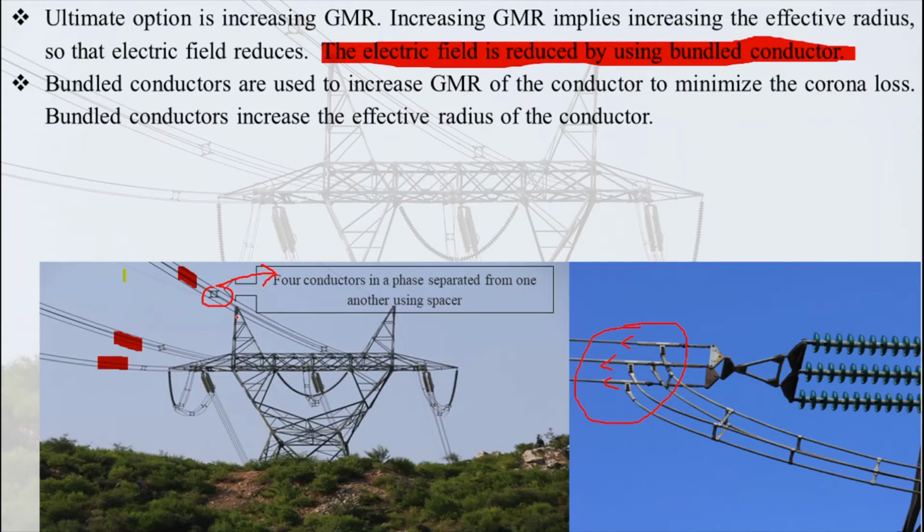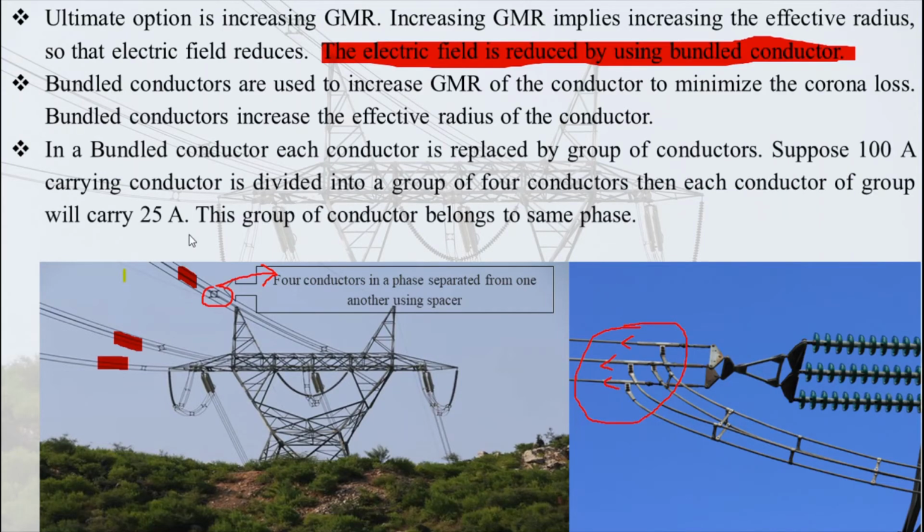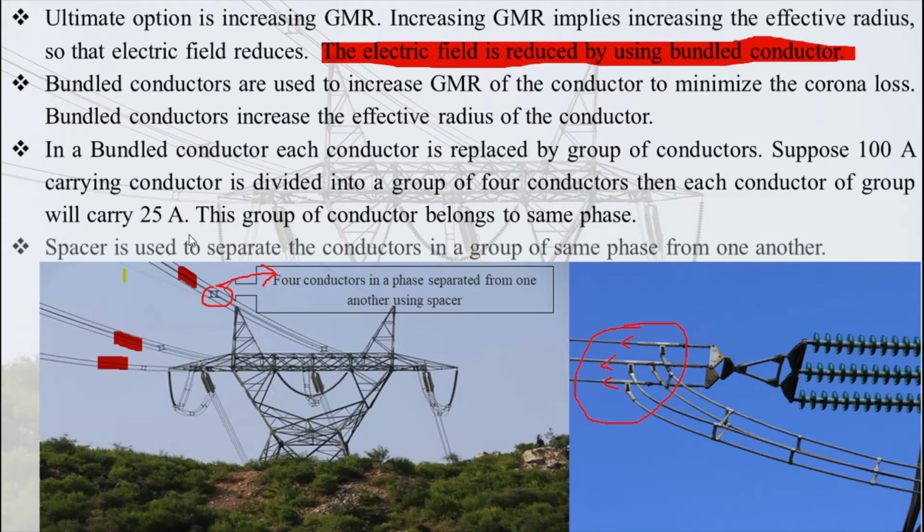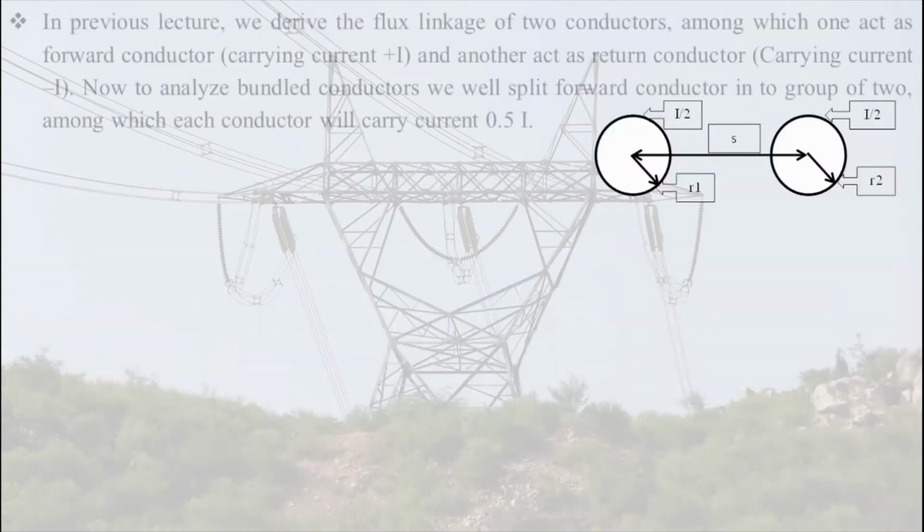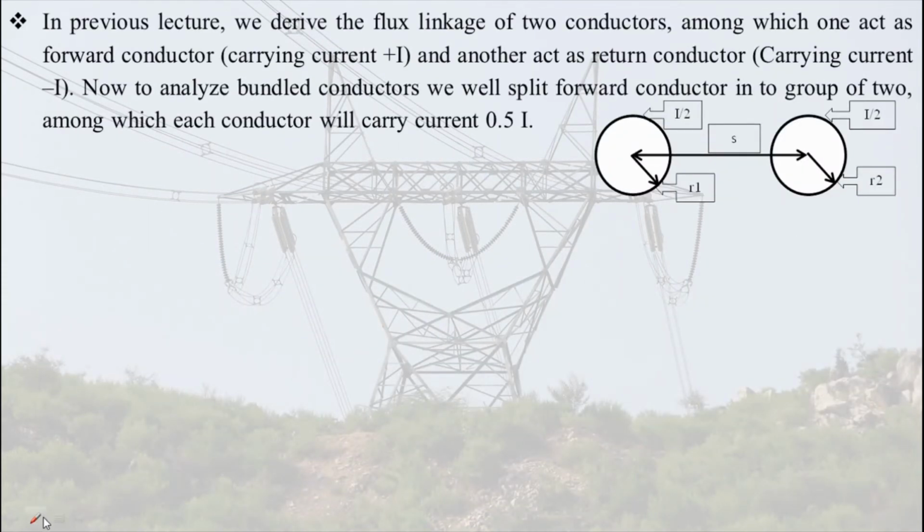In the previous lecture, we derived the flux linkage of 2 conductors, among which one acts as forward conductor and another acts as return conductor. Now to analyze the bundled conductors, we are splitting the forward conductor into 2 conductors. When we split this forward conductor into 2 conductors, then each conductor will carry current I by 2.